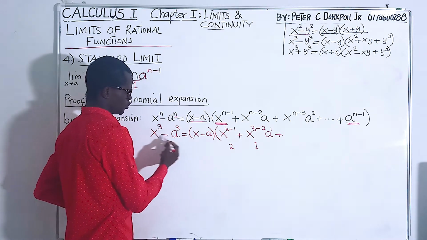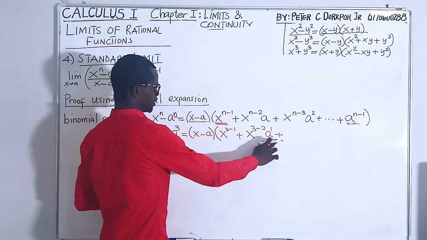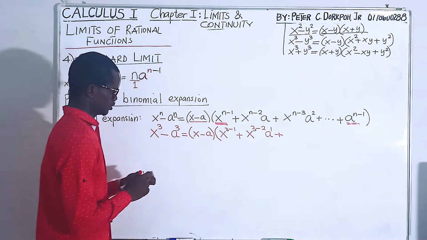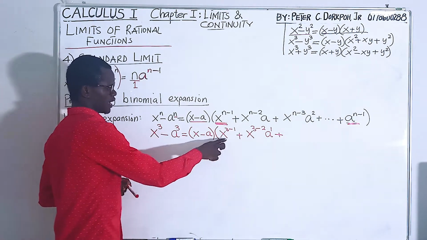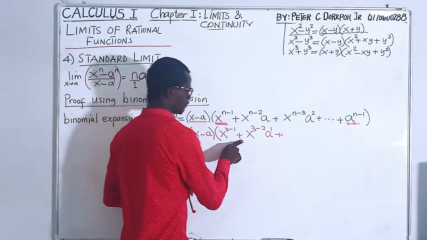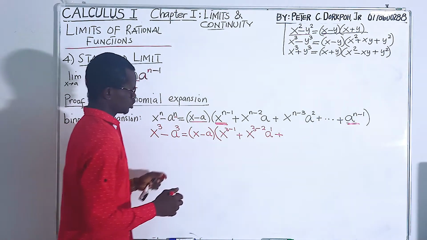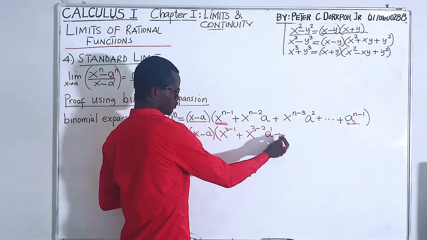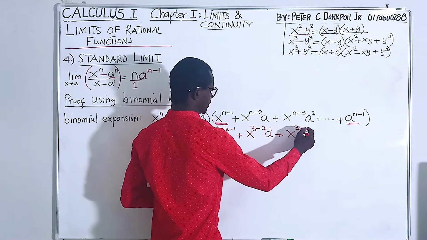Now what you should observe is that whenever you have a cubic function, you will have 3 terms in it. When it is a square, you have 2 terms in it. When it is raised to the 4th power, you have 4 terms in it, just like that. So the next one, which will be the last term, we just have x raised to the power 3 minus 3.